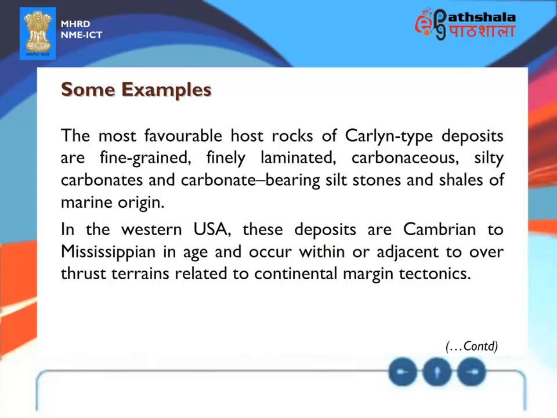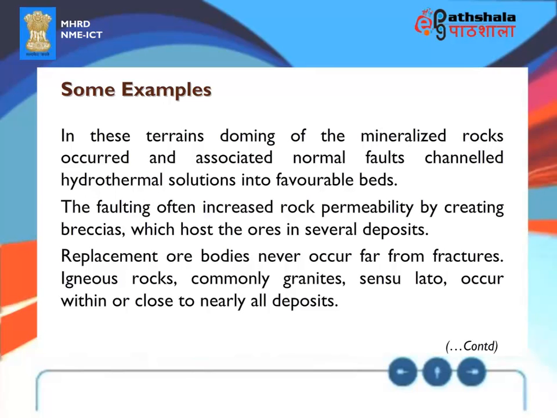In the western USA, these deposits are Cambrian to Mississippian in age and occur within or adjacent to overthrust terrains related to continental margin tectonics. In these terrains, doming of the mineralized rocks occurred and associated normal faults channeled hydrothermal solutions into favorable beds.